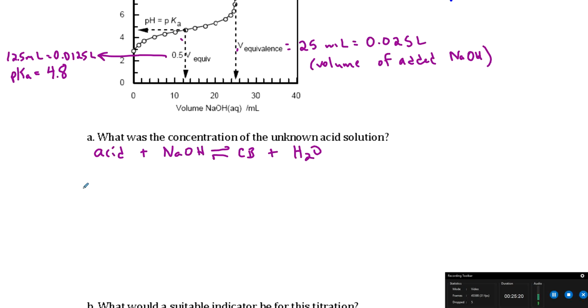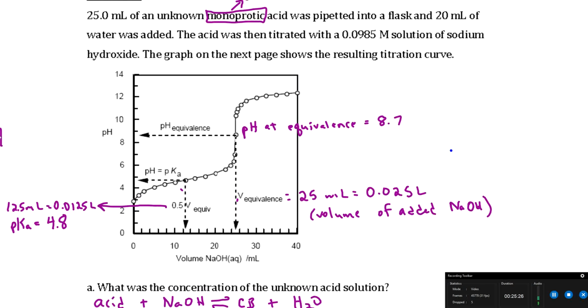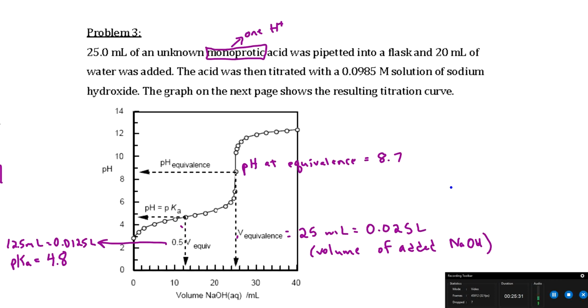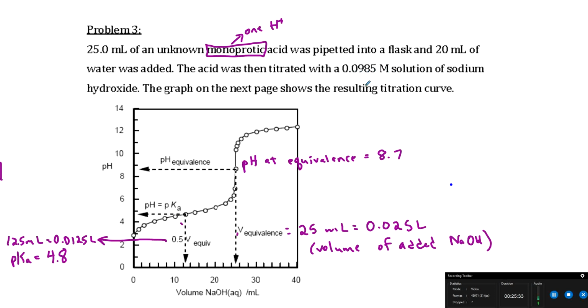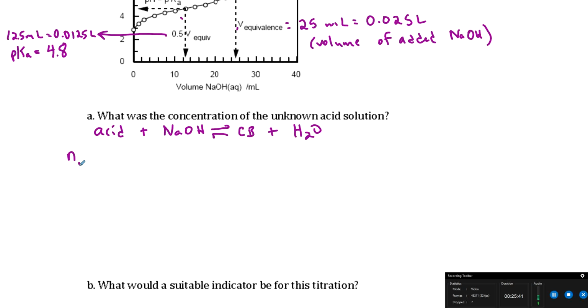So we're going to find the number of moles of the known substance, the known solution. Looking back, the known solution is going to be the sodium hydroxide. We know its concentration and we know the volume required to titrate, 25 milliliters. So the number of moles of sodium hydroxide is the concentration times the volume.